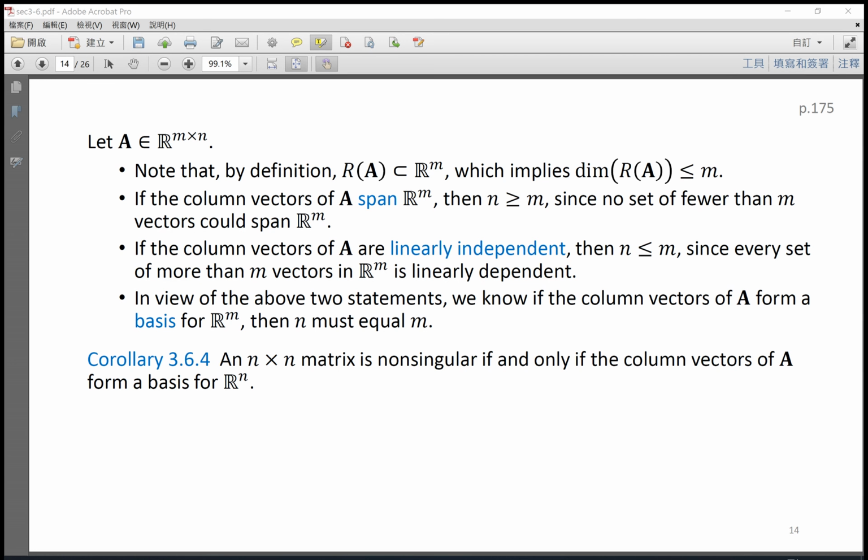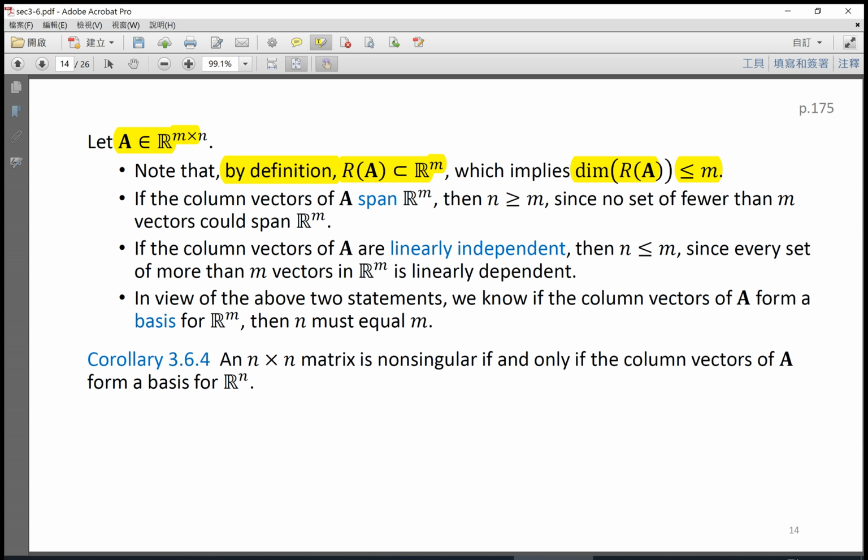Let A be an m times n matrix. We know that by definition, the range space of A is a subset of Rm, because every column vector of A is in Rm. This implies that the dimension of the column space is less than or equal to m.